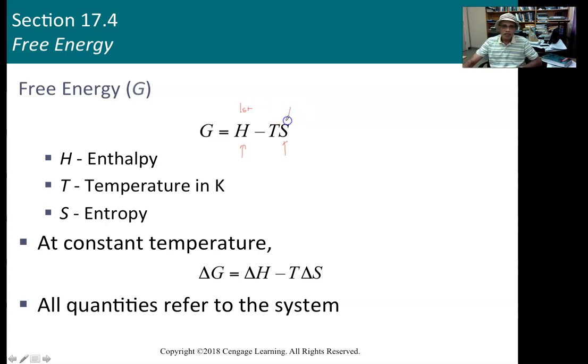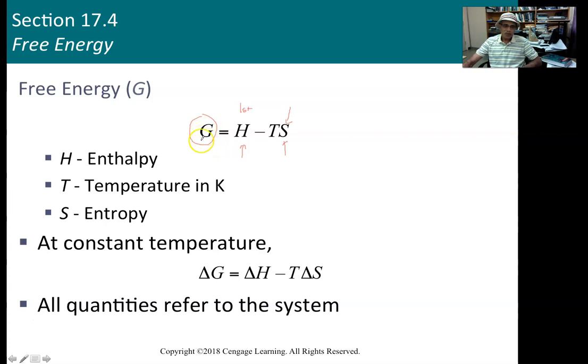The entropy changes come in the discussion of the second law of thermodynamics. So what free energy is essentially doing is combining both the first law term and the second law term, putting them together into one big relationship, which is the free energy.